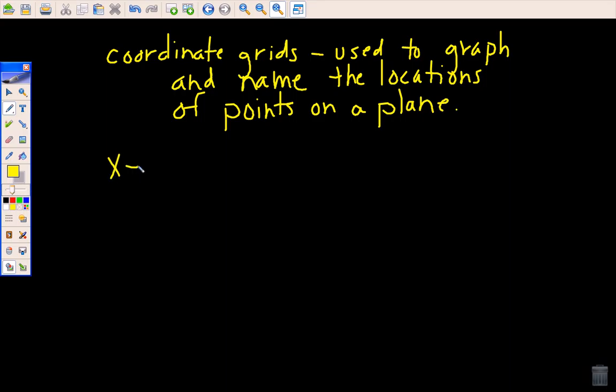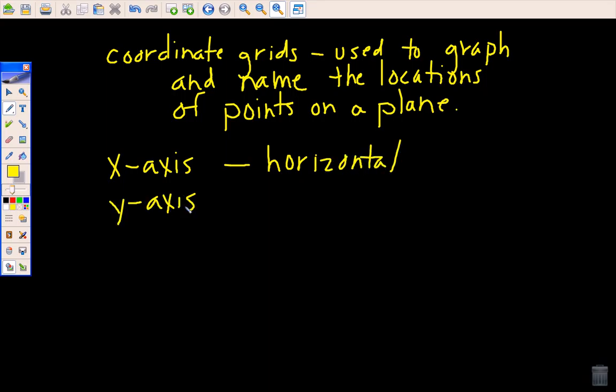Your x-axis is the one that runs along the horizon, so it's the horizontal one, and your y-axis is your vertical one. Origin is considered where the x-axis and the y-axis actually meet and intersect.